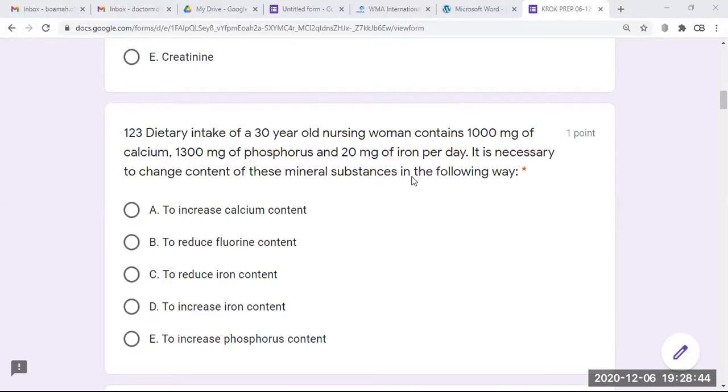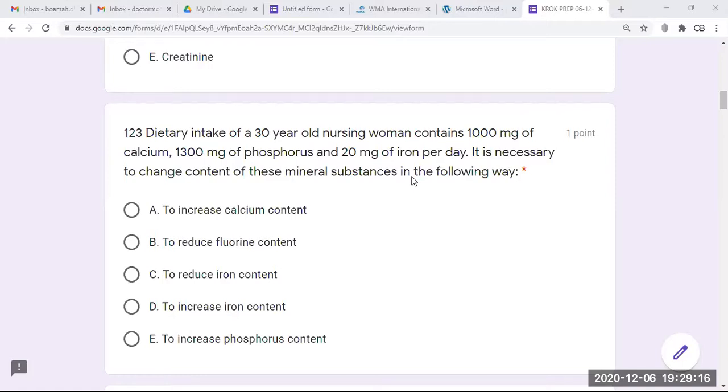In a normal female adult who is not pregnant, 1,300 milligrams of the phosphorus is enough, okay? But if this woman becomes pregnant and delivers and she's breastfeeding, during that whole process, when she's pregnant, the phosphorus content 1,300 will not be enough for her.